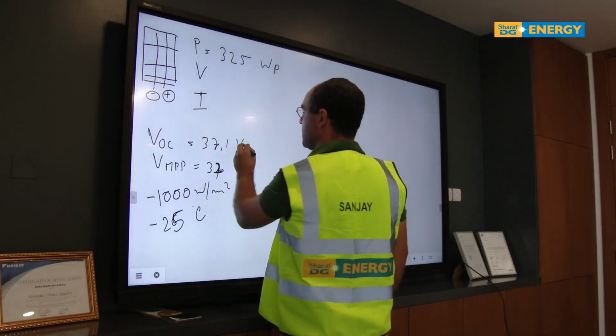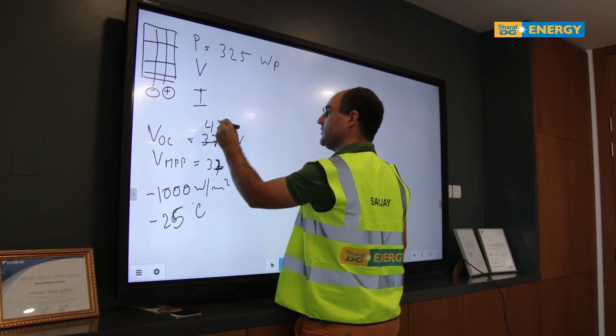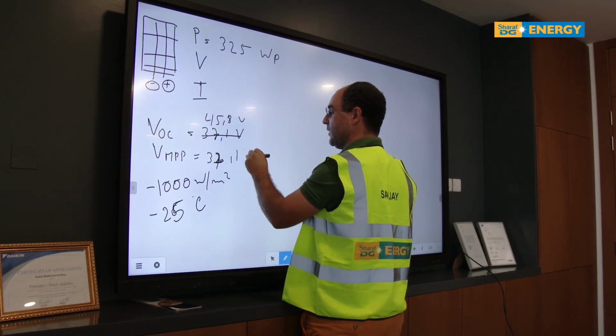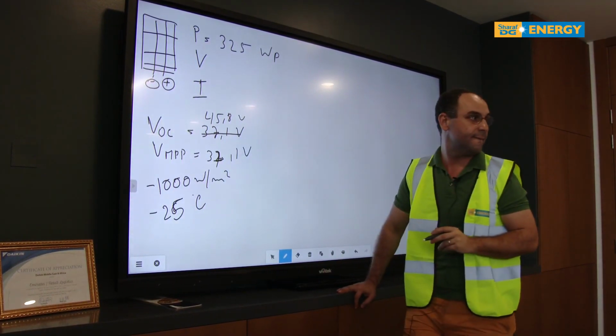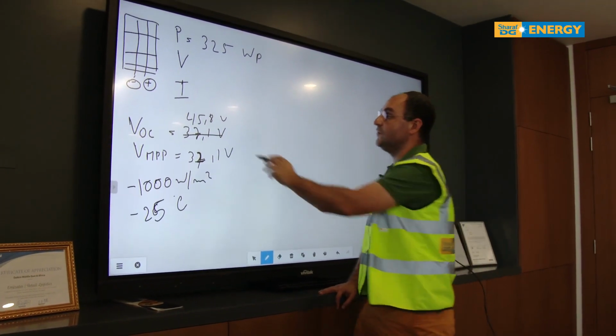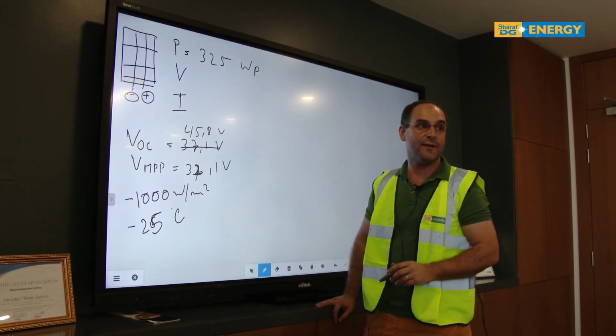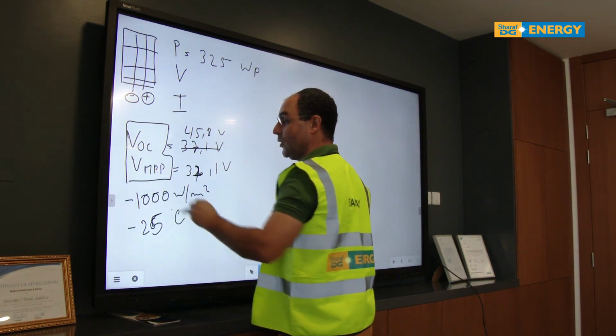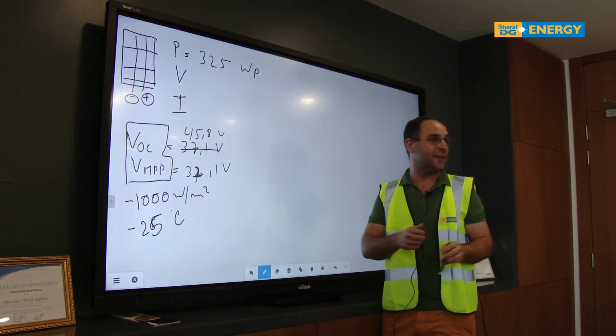Okay, so I'll just overwrite here, 45.8 volts and 37.1 here. Okay? So what is the difference between these two? That may be important one of these days when you are on the roof and having a look into voltages and stuff.